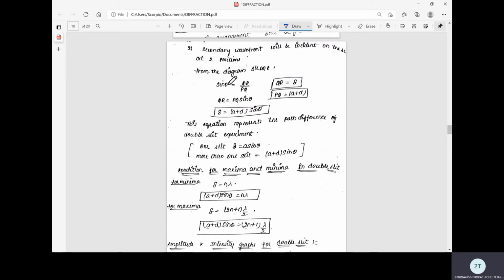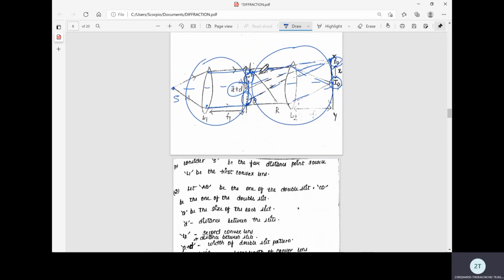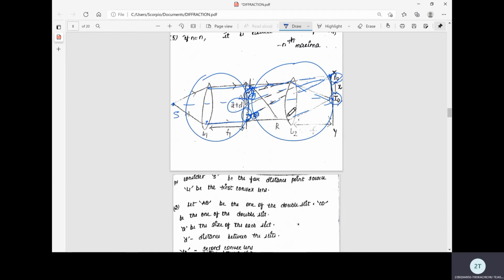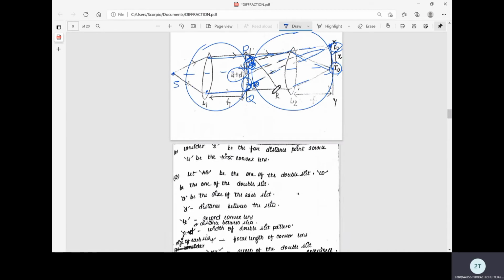Now, like in the previous experiment, let's find the value of sine theta, the sine of the angle of diffraction. Once again, this is the angle of diffraction. In this triangle PQR, sine theta is the opposite side, that is QR, by the hypotenuse, that is PQ, where QR is nothing but the path difference S, while PQ is the distance between the slits, that is a plus b.